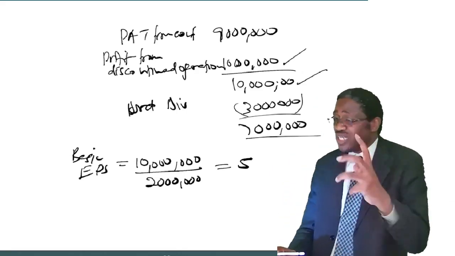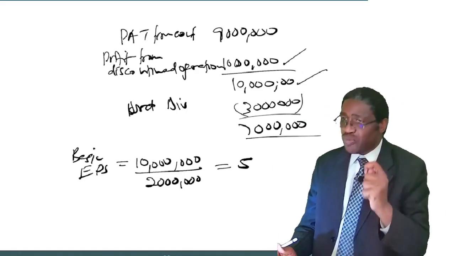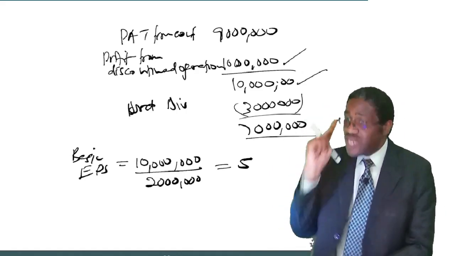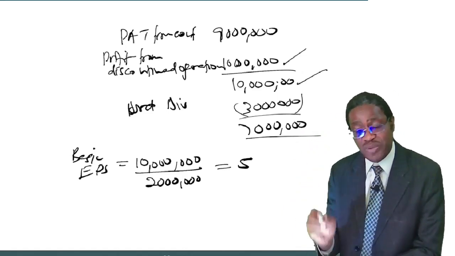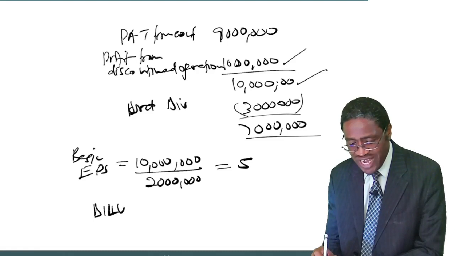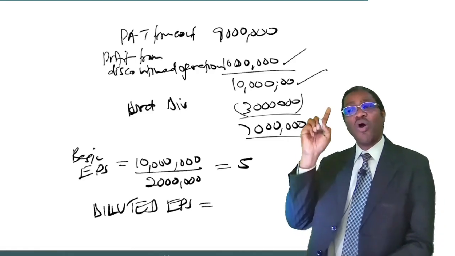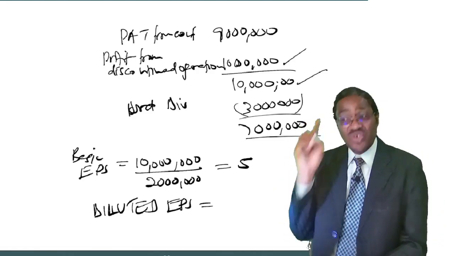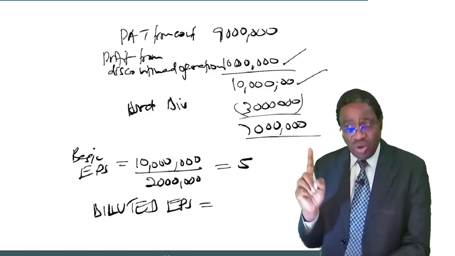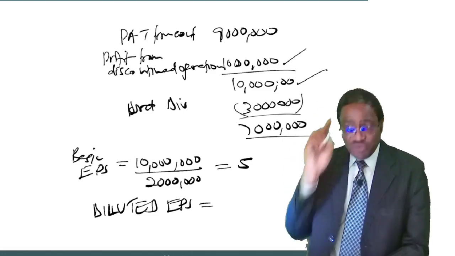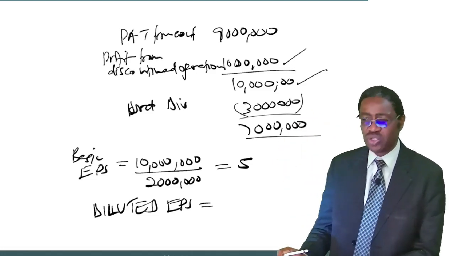So to project the EPS of the future, which is what we are calling the diluted EPS, we only use the earnings attributable to the ordinary shareholders from continuing operations only.